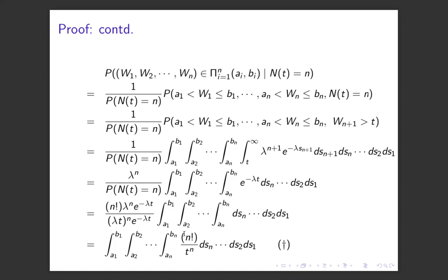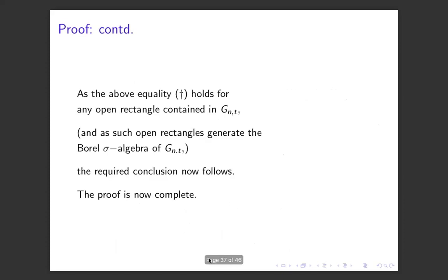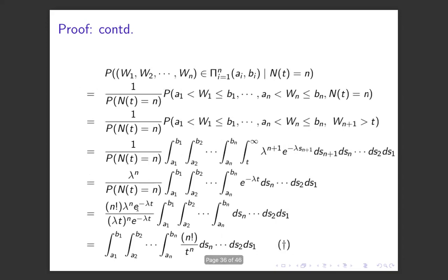So therefore, this has to be the PDF. Of course, measure theoretic justification can be given. That is, such open rectangles generate the so-called Borel sigma algebra of G_n(T). If you are not familiar with measure theory, you can assume that proving this kind of expression for every open rectangle inside that set, which is bound to be the range of that random variable, lets you conclude that the function which occurs here is the probability density function.